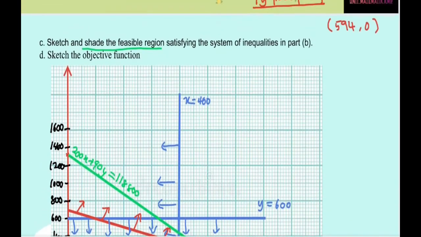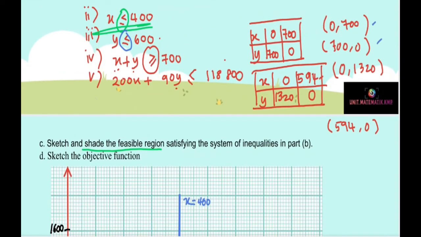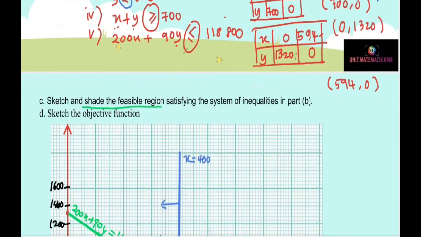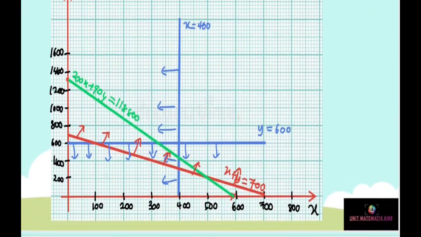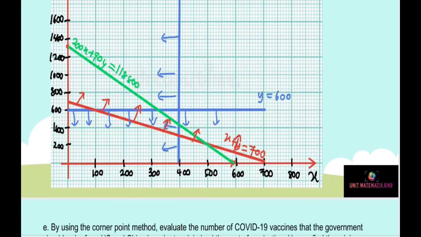And the last line, 200x plus 90y less than or equal to 118,800, so the feasible region must be below this line. The green line, so the feasible region must be below this line.